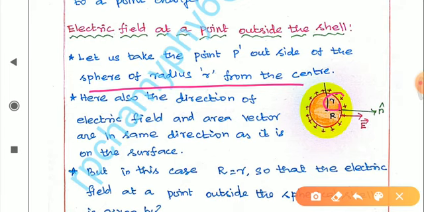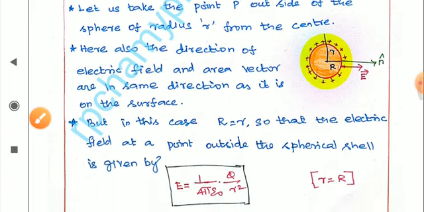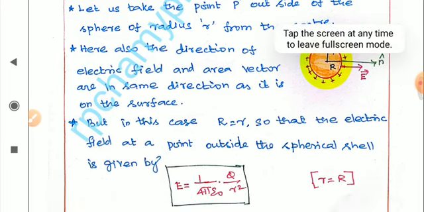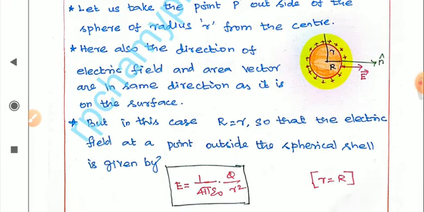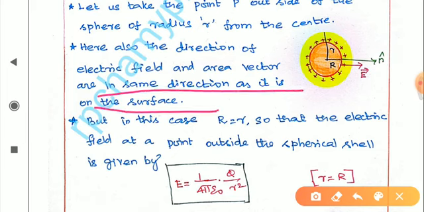Then in the next point you can see that here also the direction of electric field and area vector are in the same direction as on the surface. In the first case we have seen that if we consider any point on the surface of a sphere of radius r, the direction of electric field and the normal drawn to the point anywhere on the surface are always parallel.